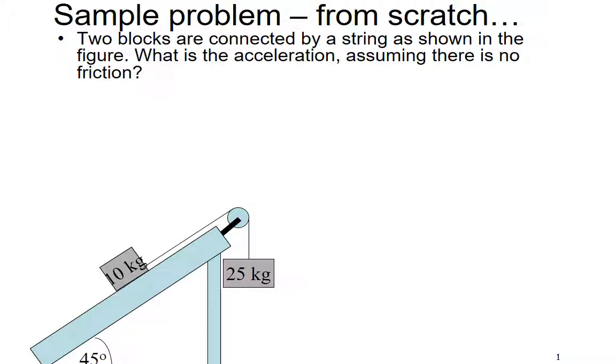So what I want you to try is to derive this from scratch, and then you can use these values. The 10 kilogram here is mass 1, the mass 2 is 25 kilograms, and try your best to derive the acceleration equation from scratch. And then once you do that, you can calculate the tension as well. And so give your best shot with that, and when you're ready, you can hit play to continue.